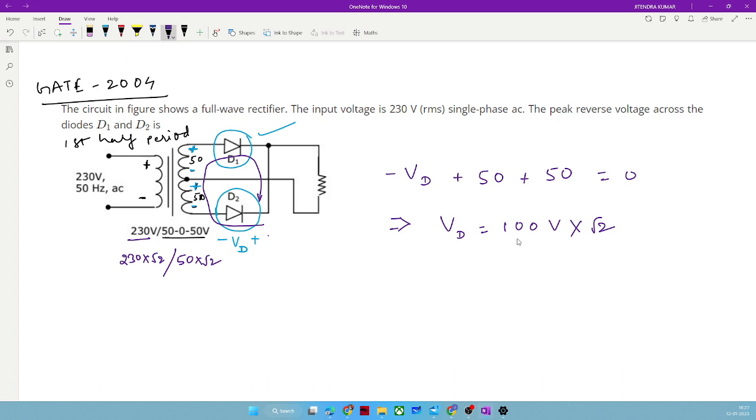So we need to multiply it with root 2. So the answer was 100 root 2 volt. That's why every time people mention peak inverse voltage across the diodes in a center tap rectifier, it is 2 Vm, and Vm means the peak value, not the RMS value.